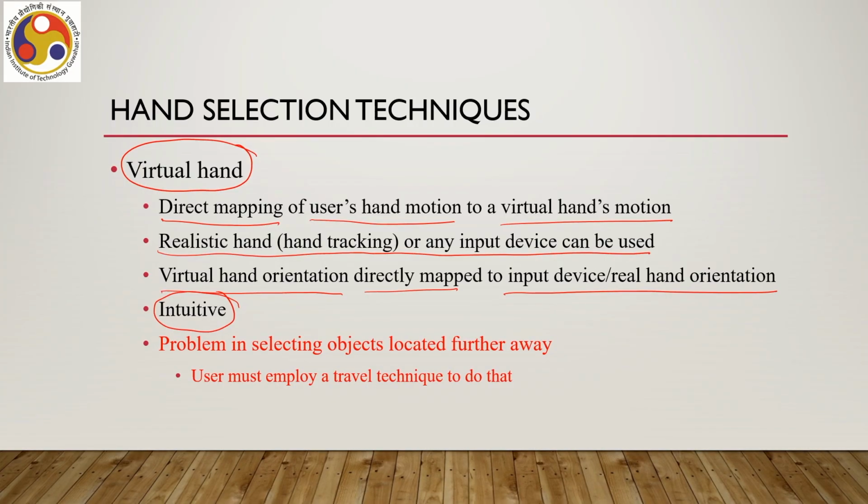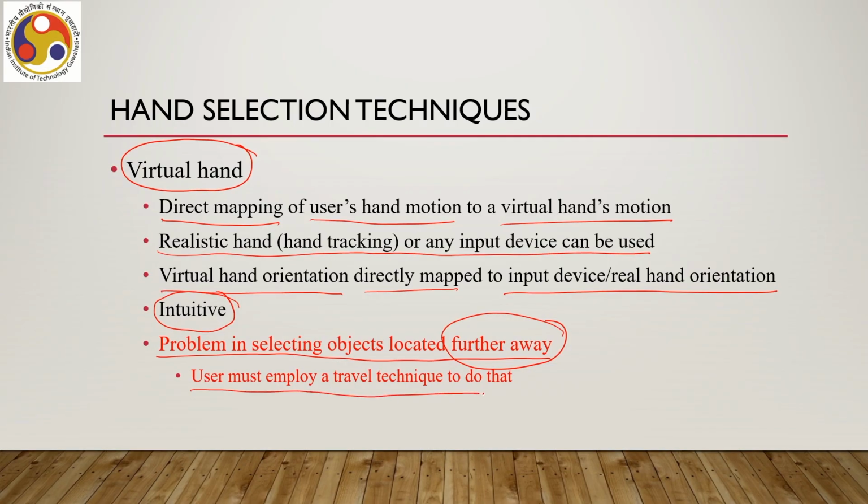However, there is one problem, that is selecting objects located further away. When the object is far away, moving my hand to select a distant object may require a long physical hand movement, which may be tiring and annoying. So, there has to be some other technique, maybe a more efficient travelling technique for the hand rather than the intuitive one, so that this tiring effort is reduced.